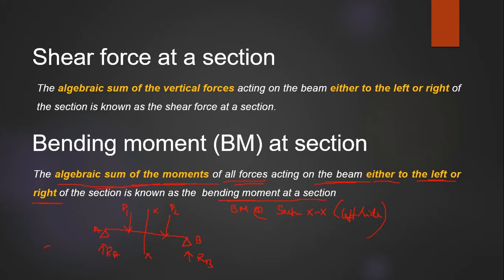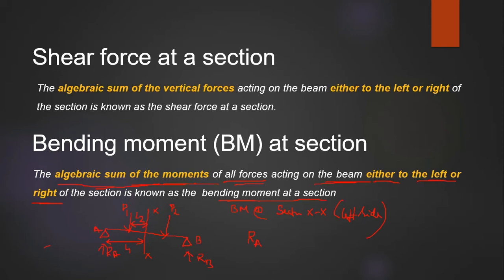So you have two moments. One moment is because of RA, if we consider this as L1 and this as L2. You know that moment is nothing but force into distance.